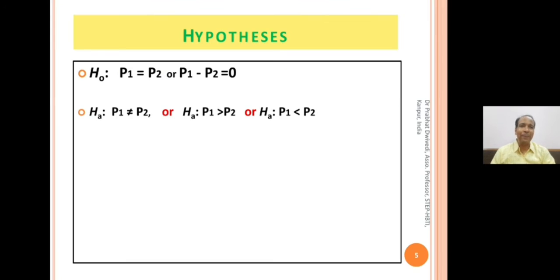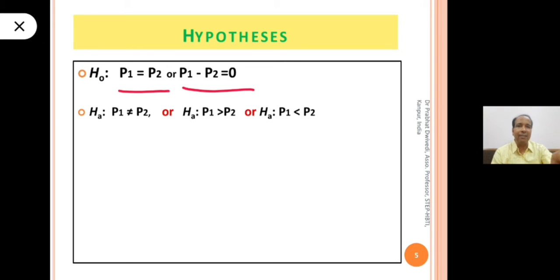Now let's see what the null hypothesis will be, what the alternative hypothesis will be in this case. The null hypothesis, as I told you earlier, is of no difference. That means P1 minus P2 equal to 0, or P1 equal to P2.